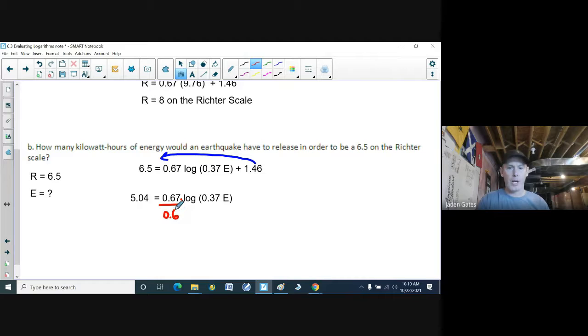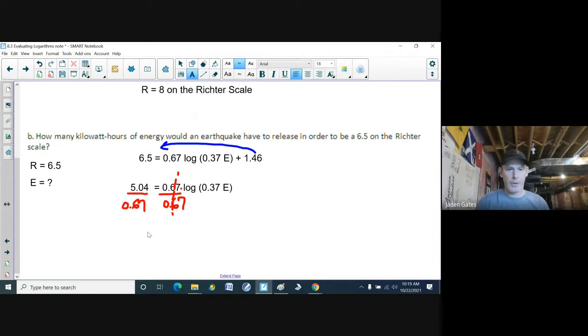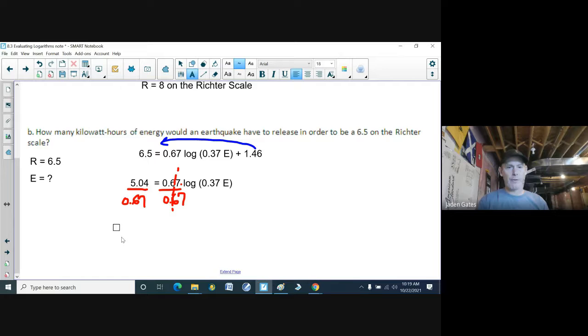I'm going to divide both sides by 0.67. Those 0.67s divide each other out. So I end up with 5.04 divided by 0.67, and I get 7.52. And again, that's going to be equal to the log of 0.37E.